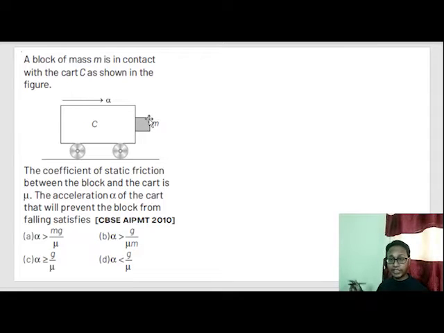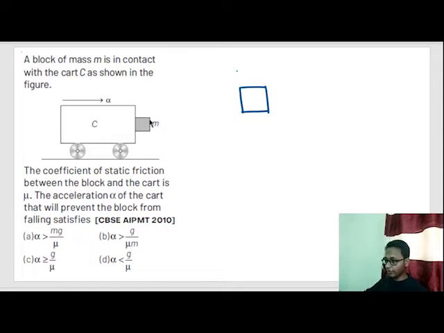Have you seen the Spider-Man movie? What is his name? The hero tries to pull back the train with some web. So why was the hero not falling down? That was because of the friction force. Suppose this was your Spider-Man.